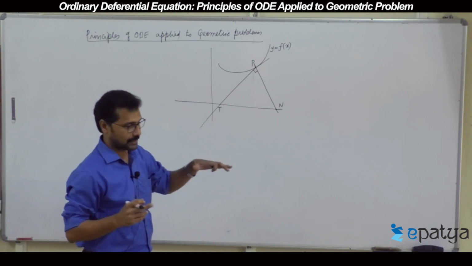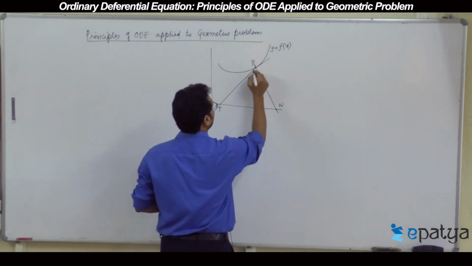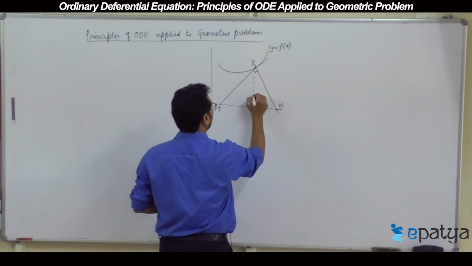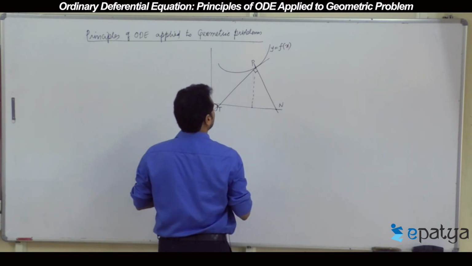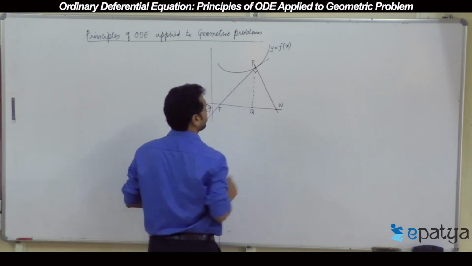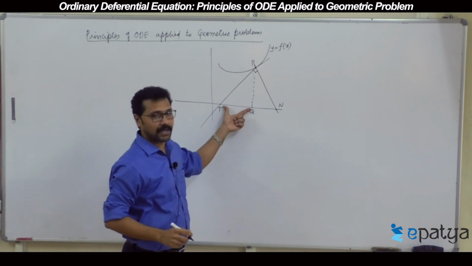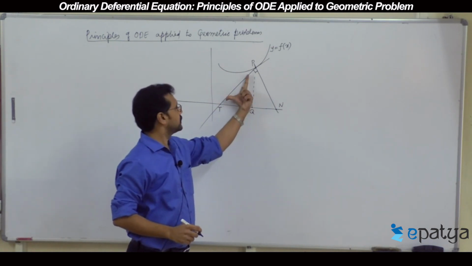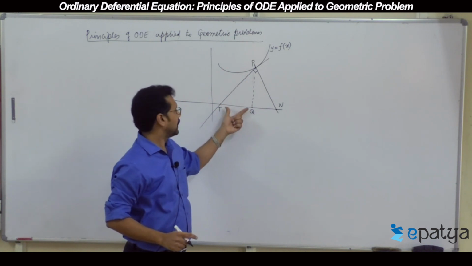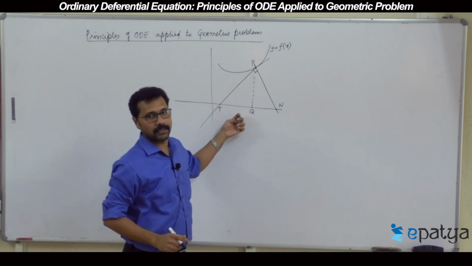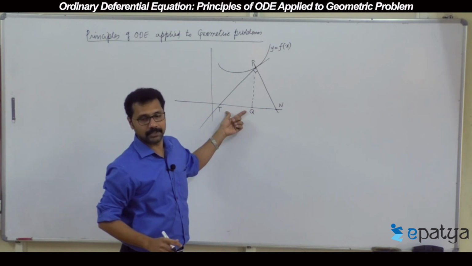It's all about the x-axis. Now, if I drop this point P onto the x-axis, suppose it is Q, then this length TQ is called subtangent.